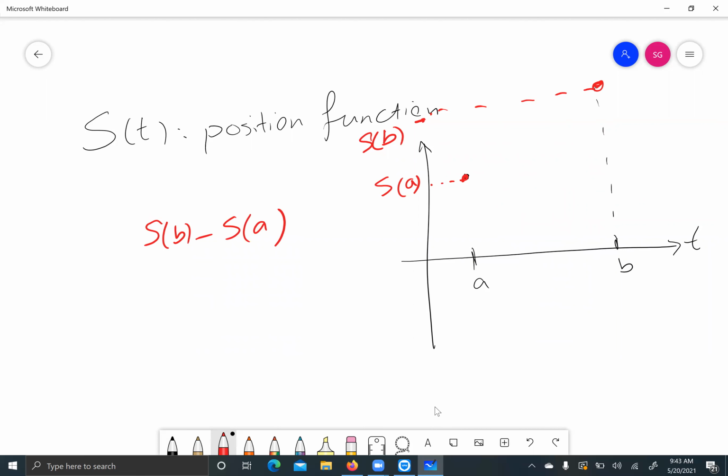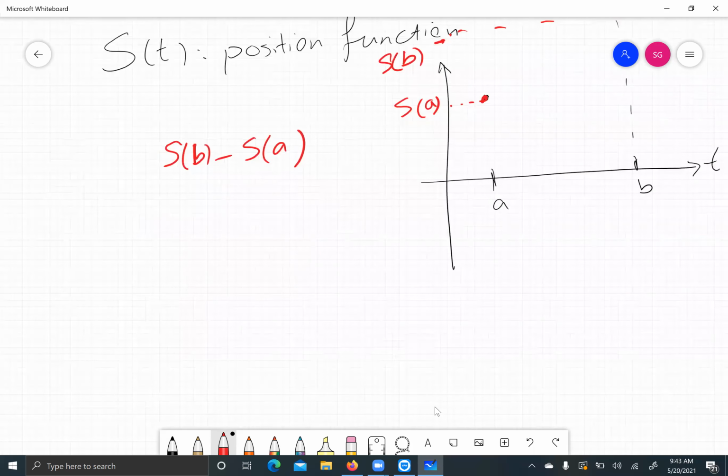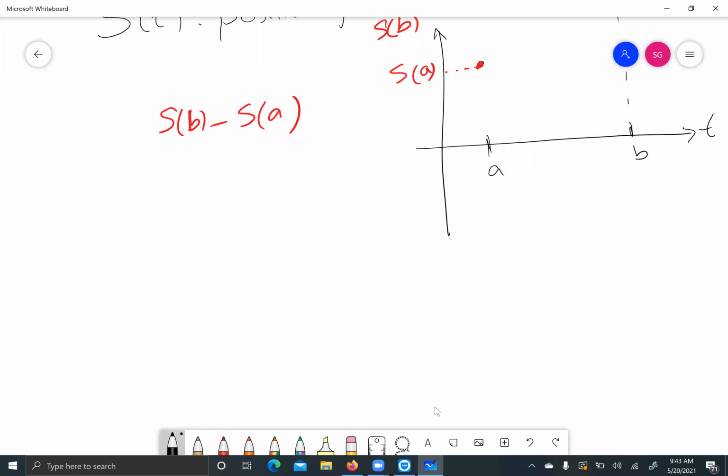But what if we don't have the formula for the equation of S? Because if you have the formula for this function, you can easily evaluate S at B, S at A, and then subtract them. But what if we don't have it, and instead we have the velocity function, which is its derivative? So suppose instead you have the graph of the velocity function, something like this.